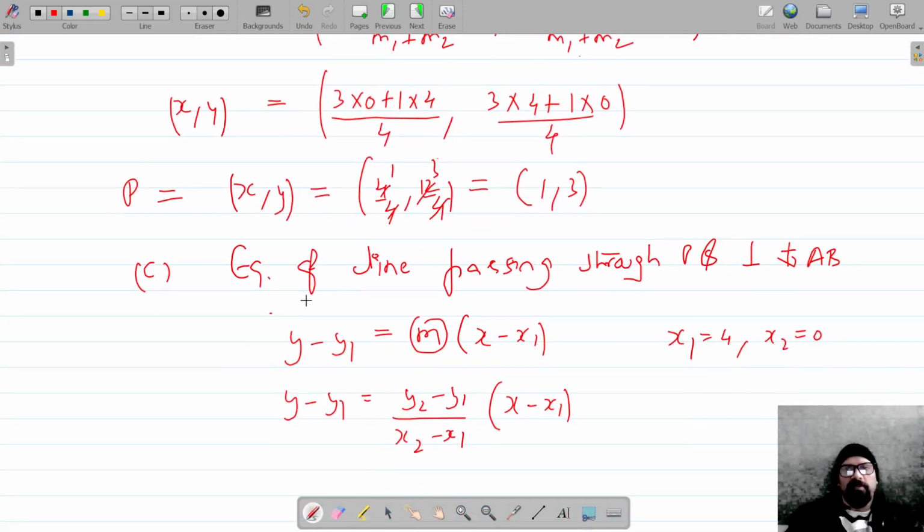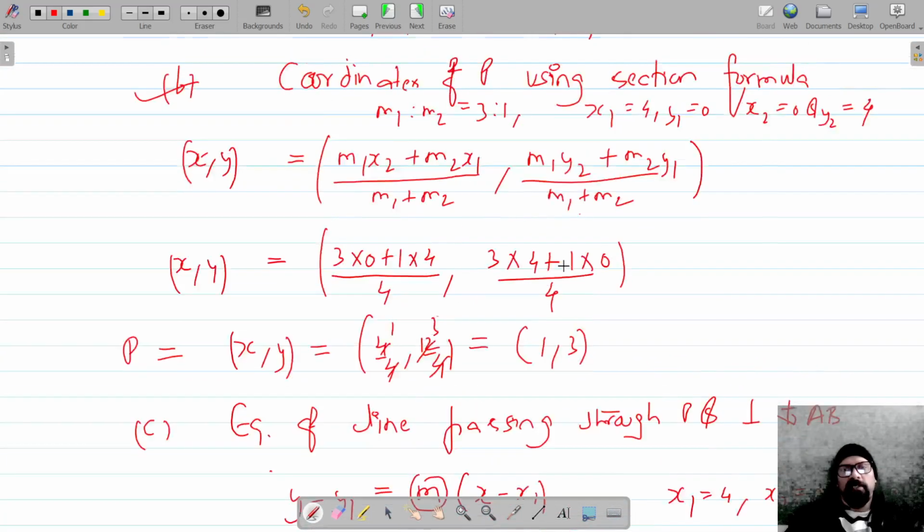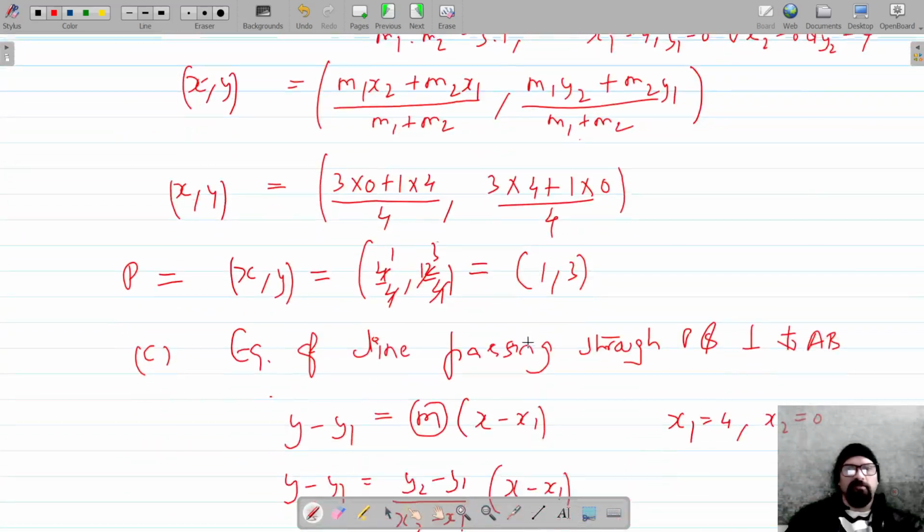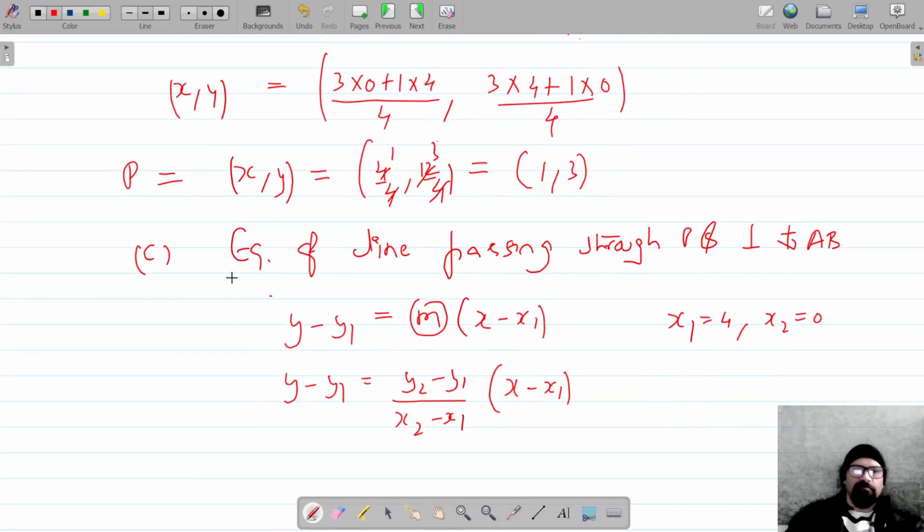So this is the equation of the line passing through P, and that should be perpendicular. First of all, let's find the equation of line AB. This is the required equation that we have to find out.